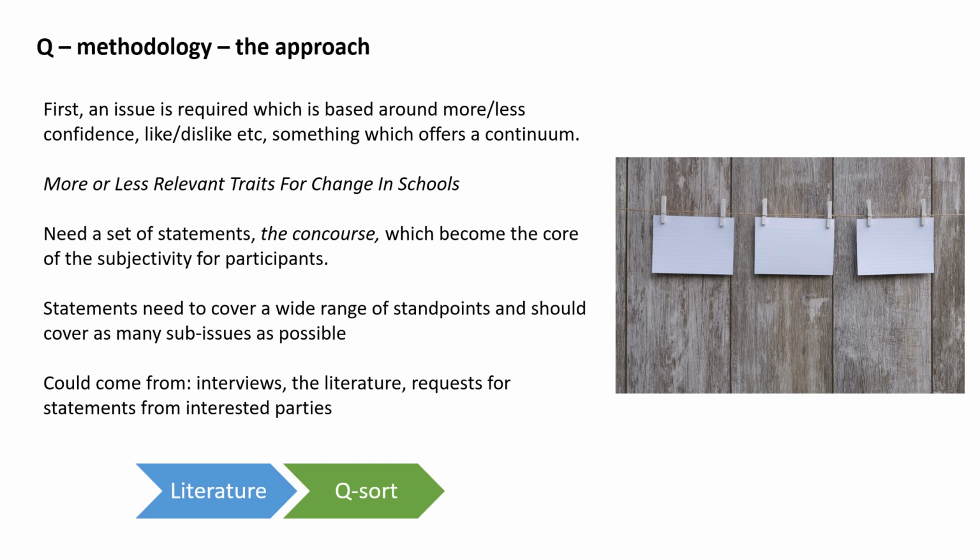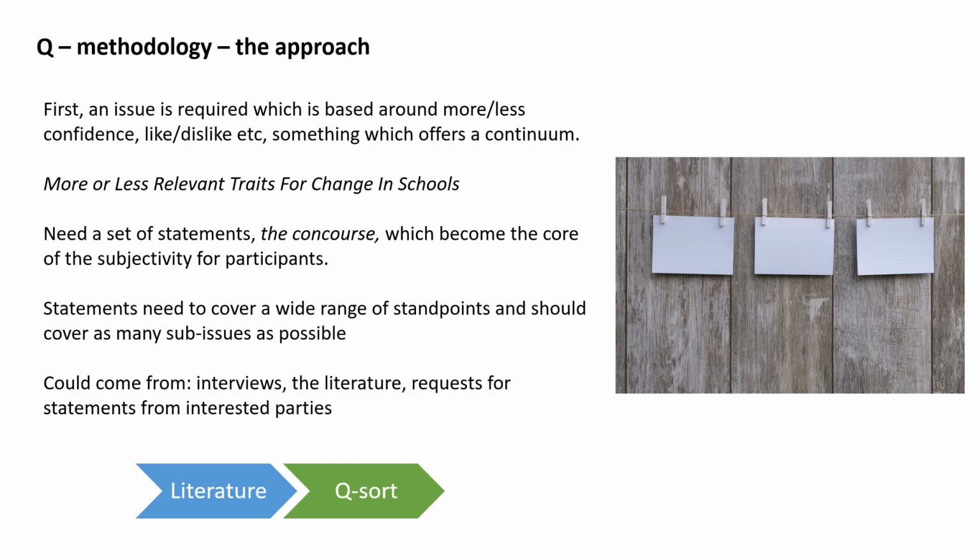Within this issue, these elements of that issue you have more confidence about, these you have less confidence about, or you like these things and you dislike those, or you like those less. So in other words, what you're looking for is an issue where you can state a preference, state a series of views about different elements of that issue from one extreme to another, along a continuum.